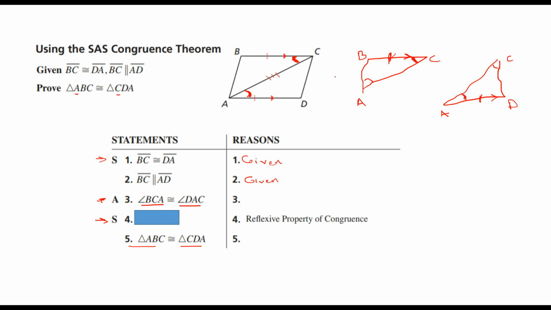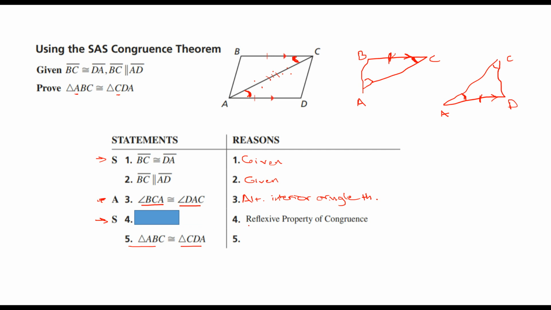So how do I know those two are congruent? Well, if I look back at the original drawing, it's because these two are alternate sides of a transversal. So that would be our alternate interior angle theorem. It's an angle theorem.